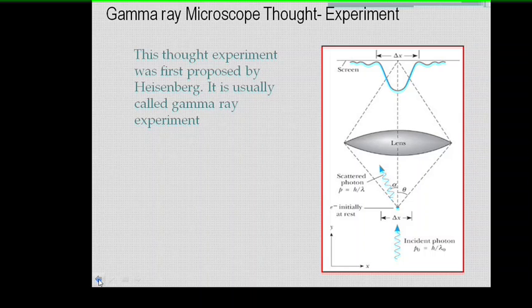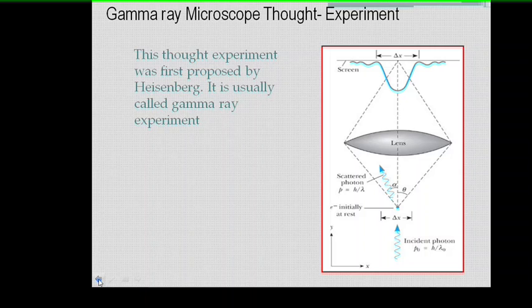of a microscope. The radius of the atom is of the order of 10 to the power minus 11 meter. Therefore, in order to determine the position of an electron with an uncertainty of about 10% of the radius of the atom, we must employ radiation of wavelength of the order of 10 to the power minus 10 meter, that is 0.01 Angstrom.